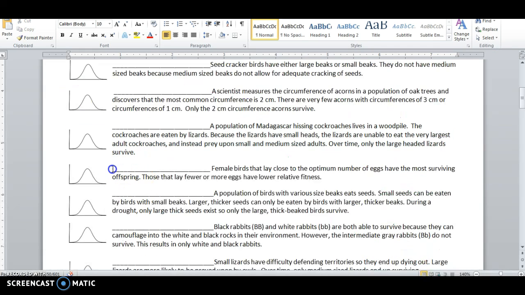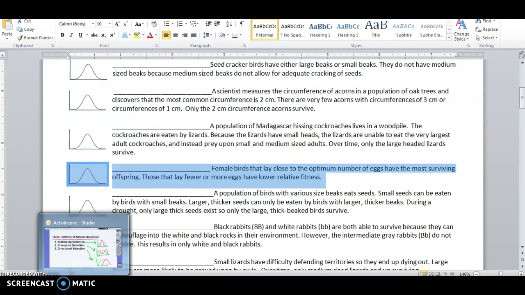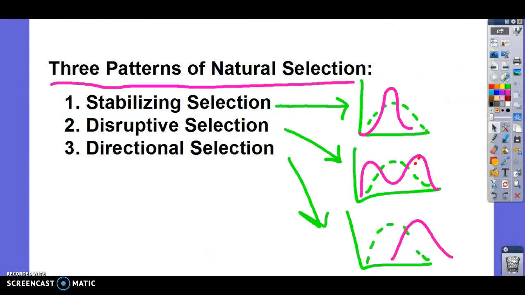All right, next one. Female birds that lay close to the optimum number of eggs have the most surviving offspring. Those that lay fewer eggs or more eggs have lower fitness. So they can't lay too many eggs. They can't lay too few eggs. They have to lay just the right medium number to survive. Which one do you think that one is?